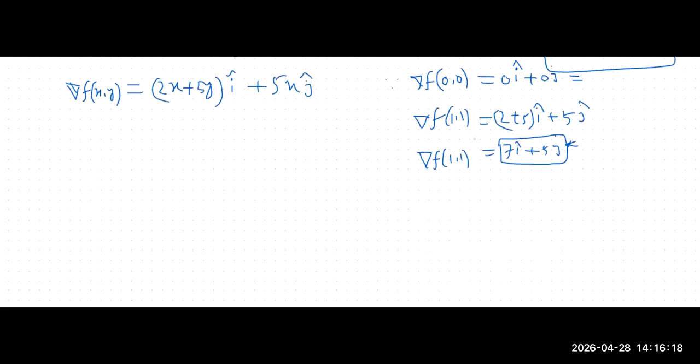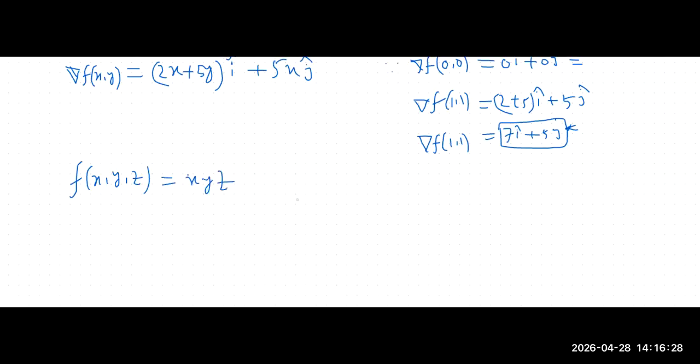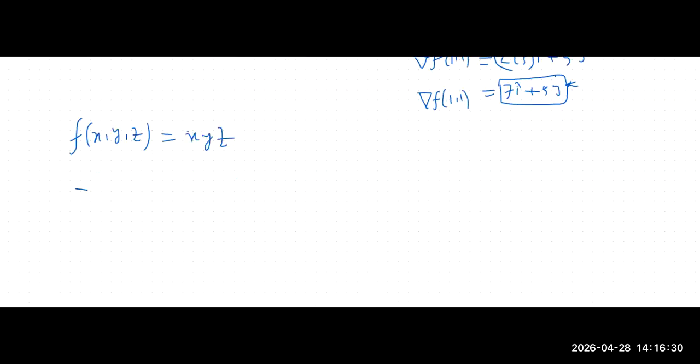If the function is three-dimensional, that is a three-variable function, let's say f of x, y, z is just xyz. This is a function of 3 variables. In that case, the gradient of f is the partial derivative of f with respect to x times i, the partial derivative of f with respect to y times j cap, and the partial derivative with respect to z times k cap.